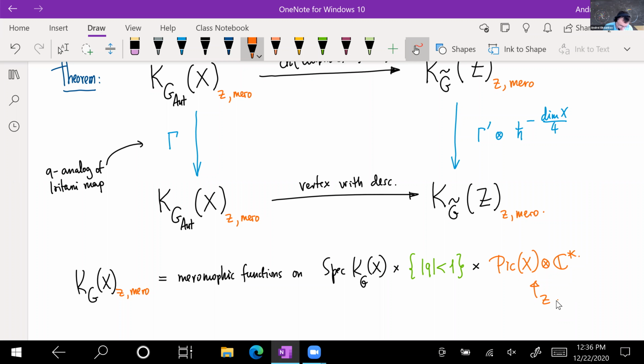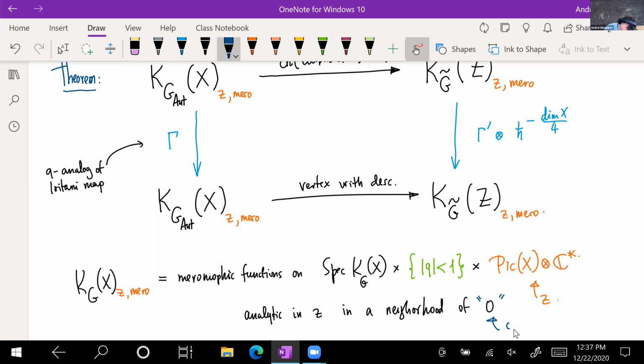And then they're analytic in z in a neighborhood of, so to speak, 0. 0 here is some point at the boundary of that.